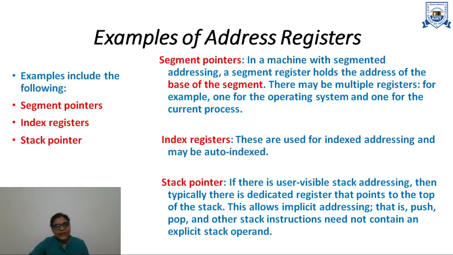Then we need a stack to implement zero address instructions, and these instructions can be used in implicit addressing. Implicit addressing means the operands, or the data on which the operations are being performed, will not be specified explicitly. So in implicit addressing, operands are not given explicitly, they are implicit. Implicit addressing can be implemented by using a stack, and the stack pointer always points to the top element of the stack.